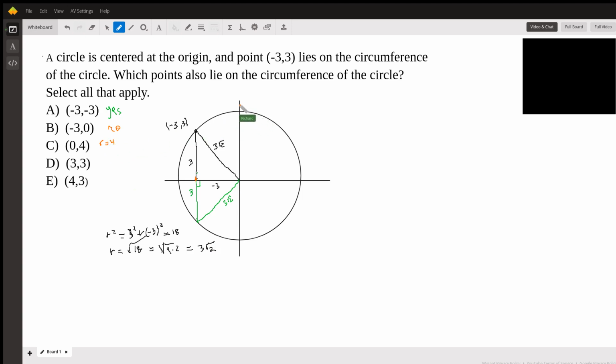If we think of the point 0, 4, the radius is 4 here, and we're comparing it to a radius of 3 root 2. Or if you want to think of it as 16, this would be inside the circle. Sorry, I drew it wrong.